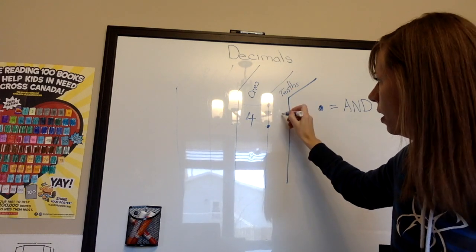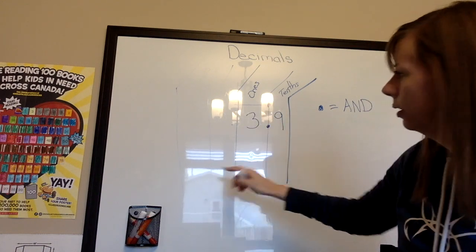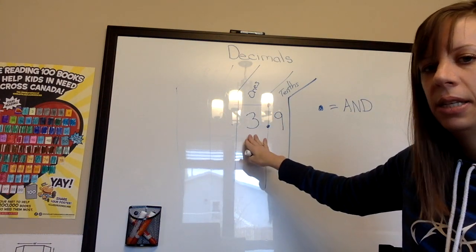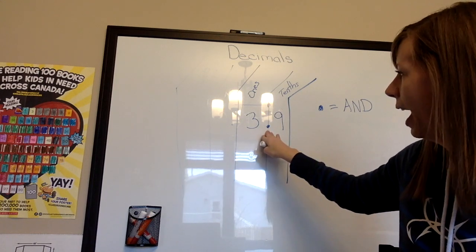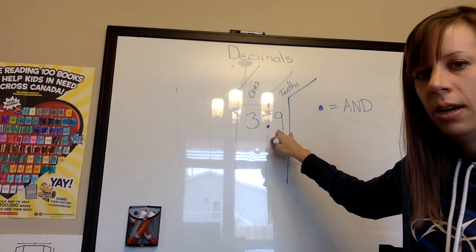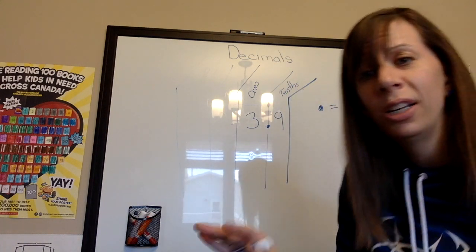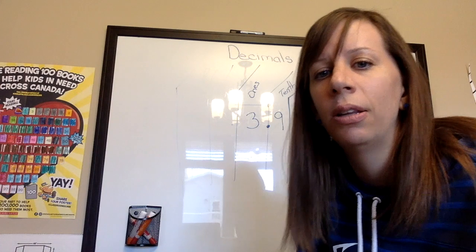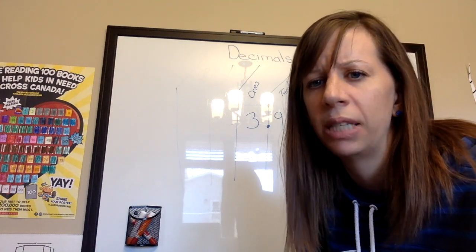Let's say I had 3 and 9. So left to right, I'm going to say this number, 3, and then I'm going to say my decimal, 3 and 9 tenths. Okay, we're going to try to stay away from saying 3.9, 3 and 9, or whatever else.